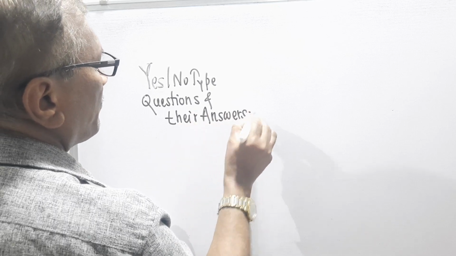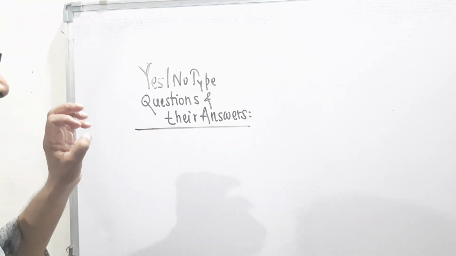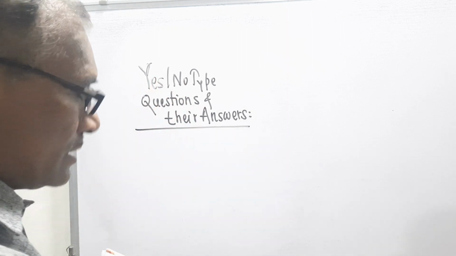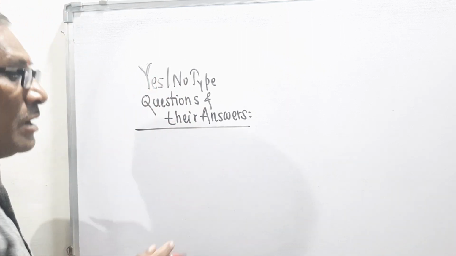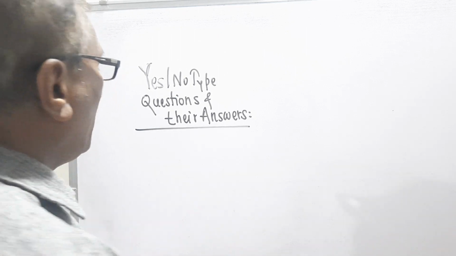Remember, that is the point now. Means again I will take the yes-no type questions and their answers, but now I will take negative questions, not positive. The questions will be negative.